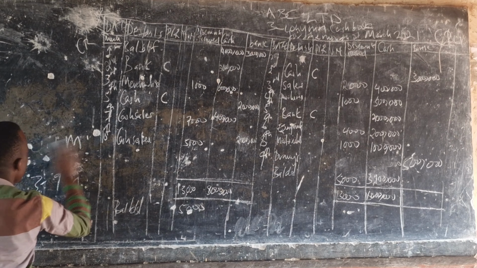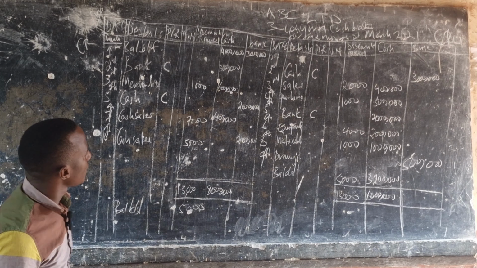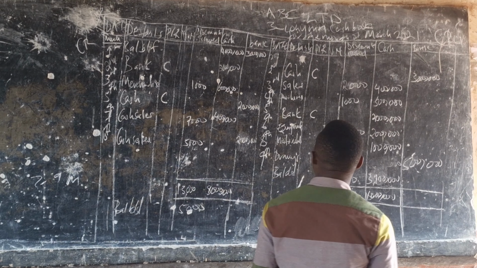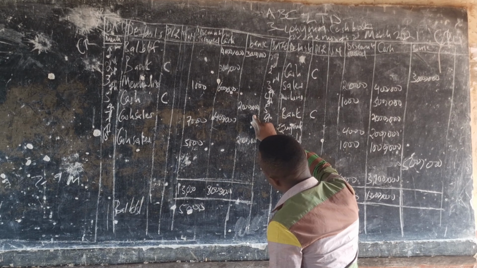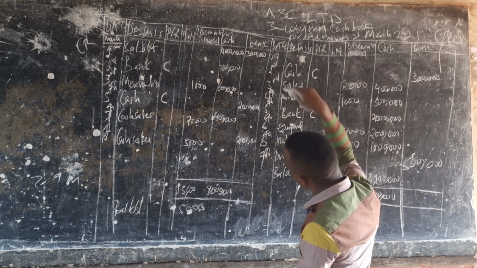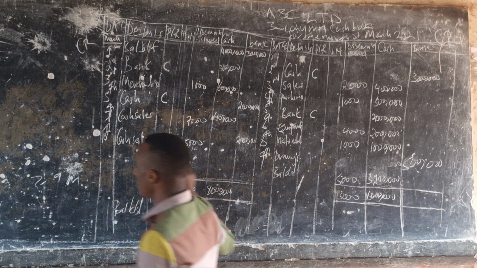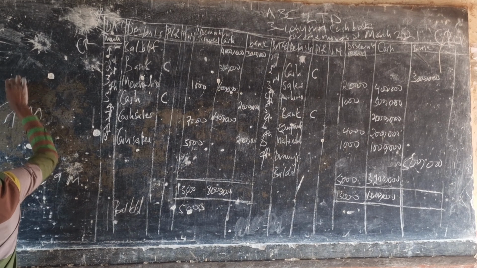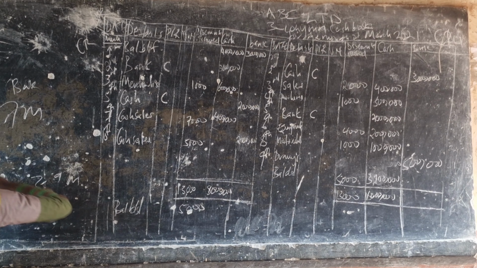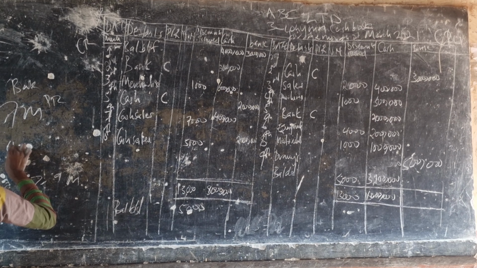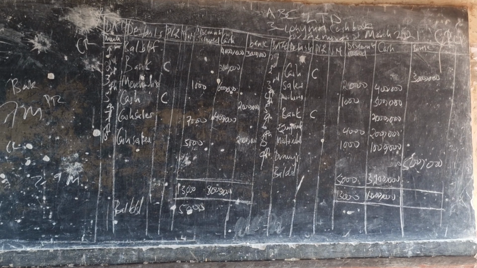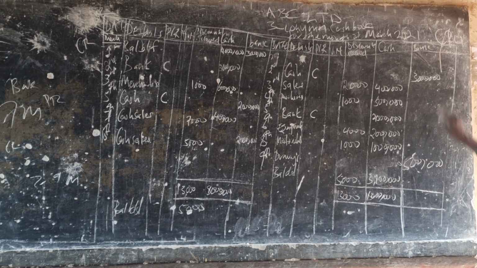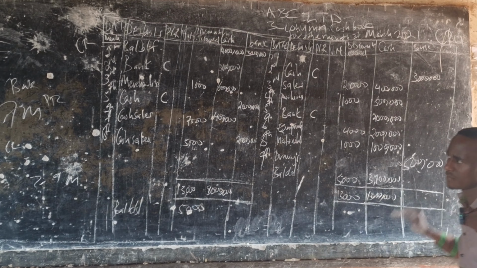So now let's come to the bank column. You have 3 million plus 2 million, that is 5 million, plus 2 million, that is 7 million on the bank side alone on the debit. So let's go on the credit side of the bank. You have 3,500,000, that is 3.5.